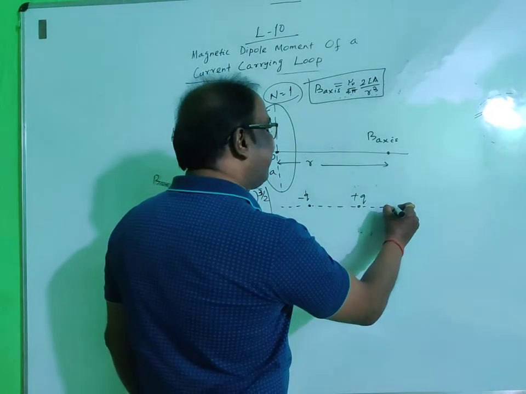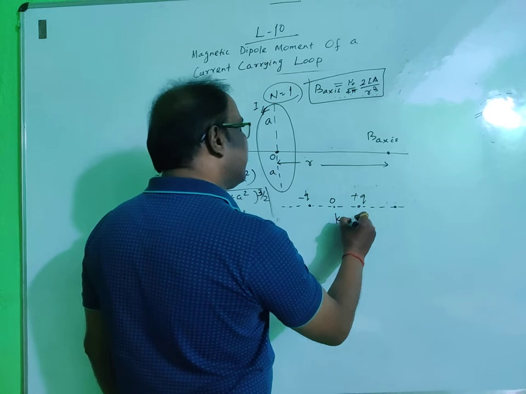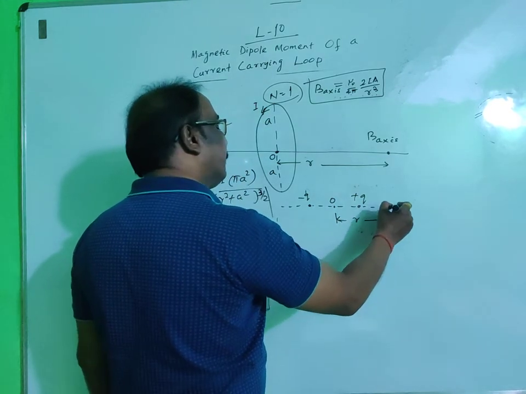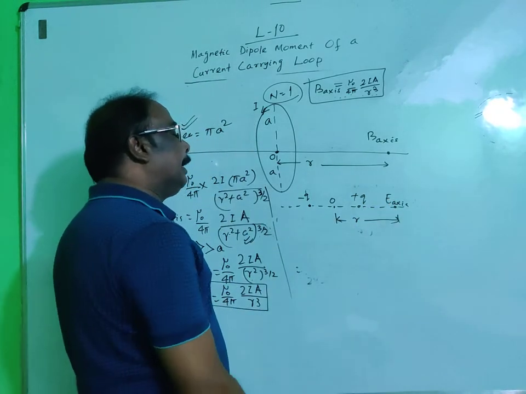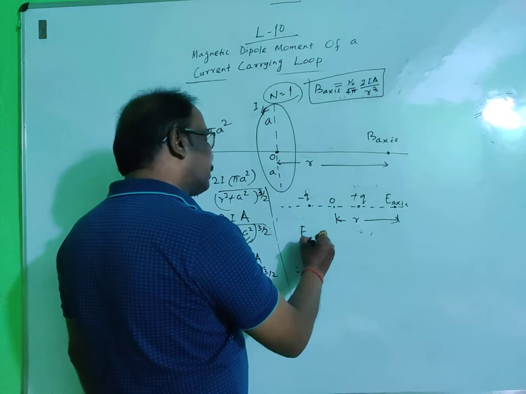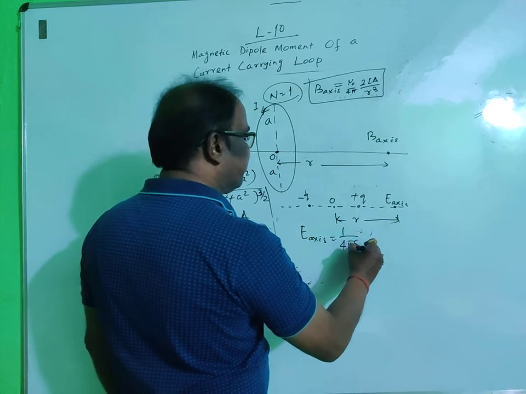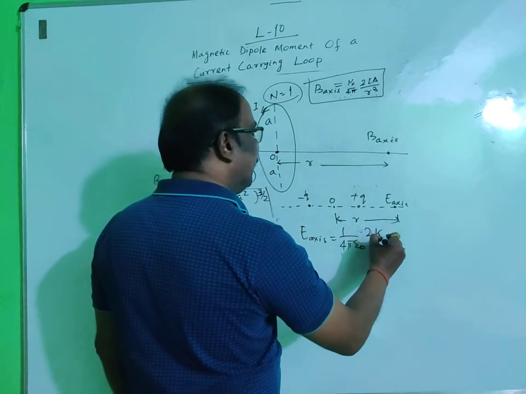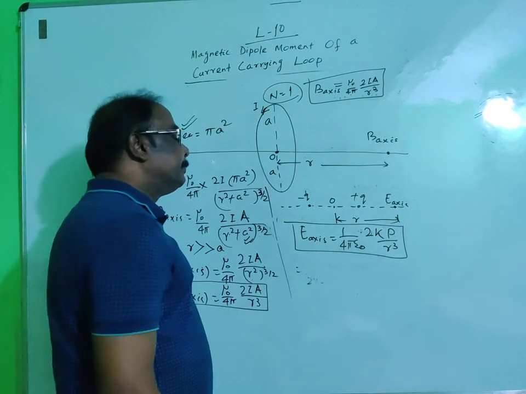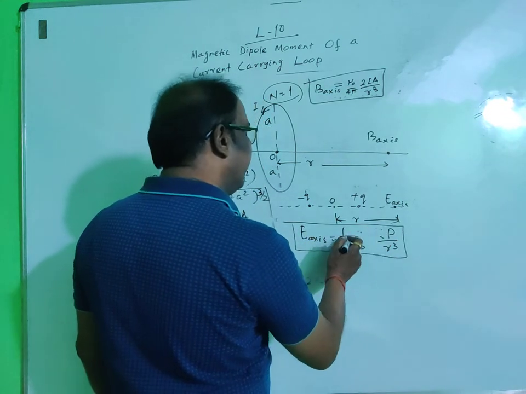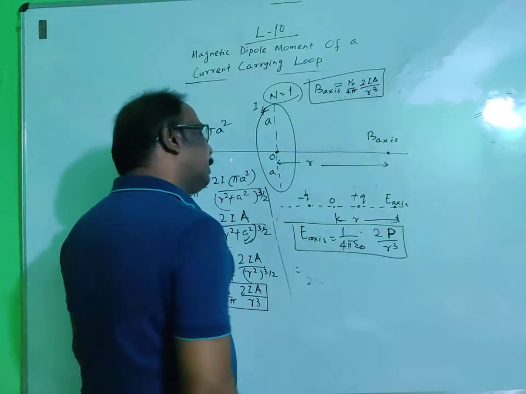So electric field at any point, where this is the center of the dipole at a distance r from the center of the electric dipole, here electric field E on axis, if I am considering an ideal electric dipole, is given as 1 by 4 pi epsilon naught into 2p by r cube. Sorry, I have taken k, which is the constant of proportionality, 2kp by r cube, where p is the dipole moment.